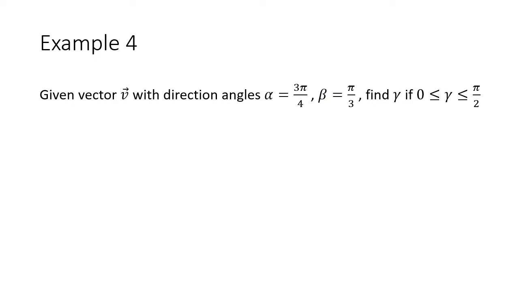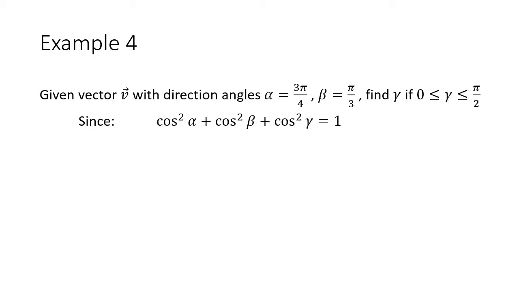Given vector v with direction angles alpha equal to 3 pi over 4, beta equals pi over 3, I can actually find gamma if I know a little bit more about gamma. So in this case, we're going to bound gamma between 0 and pi over 2, which means quadrant 1. And I am actually going to be able to figure out what my last direction angle is based on my first two.